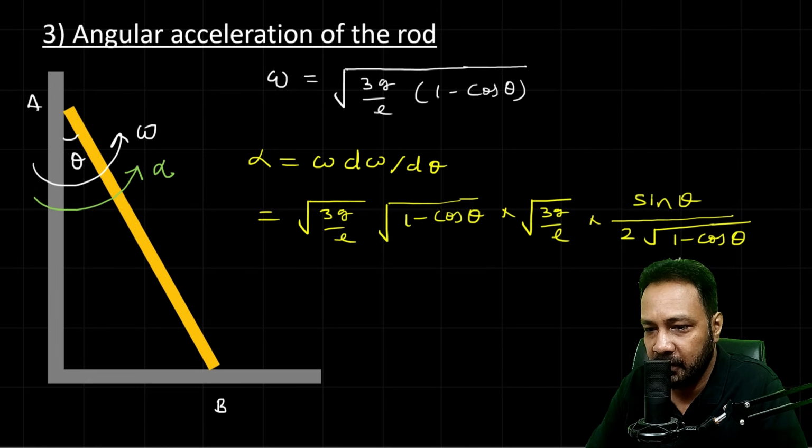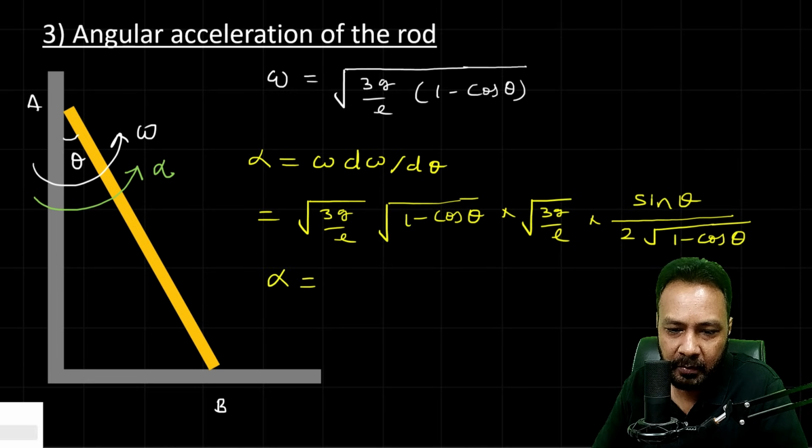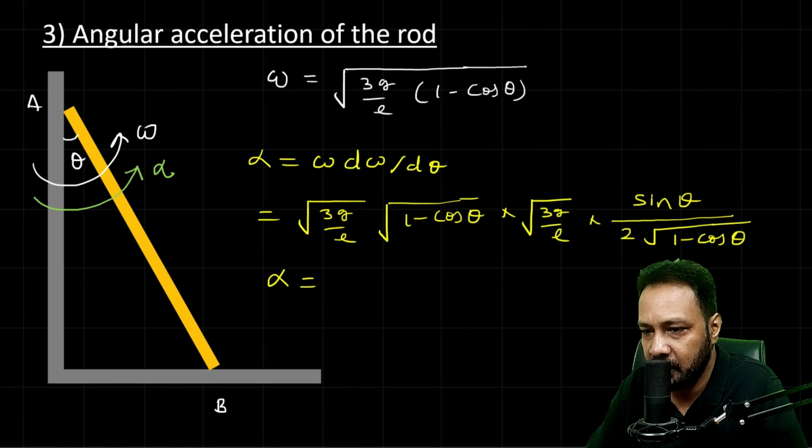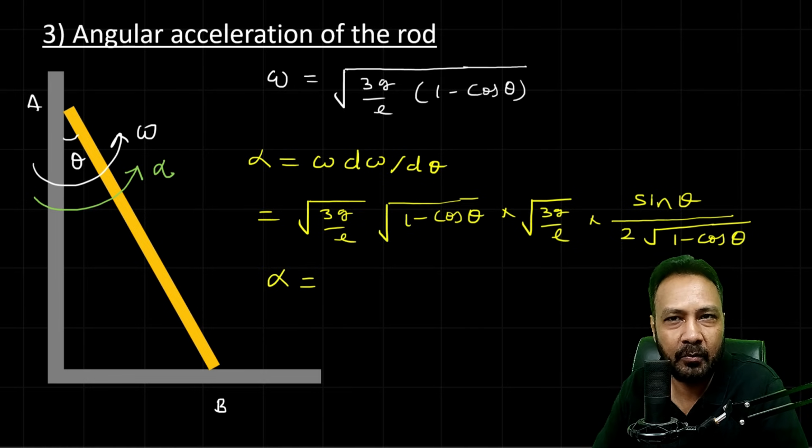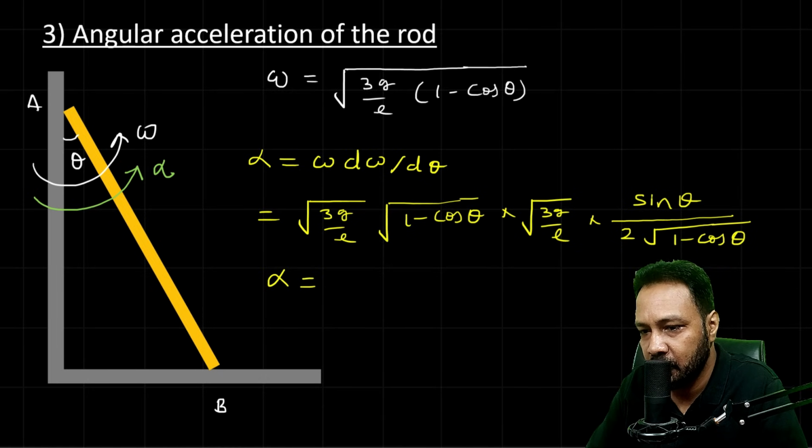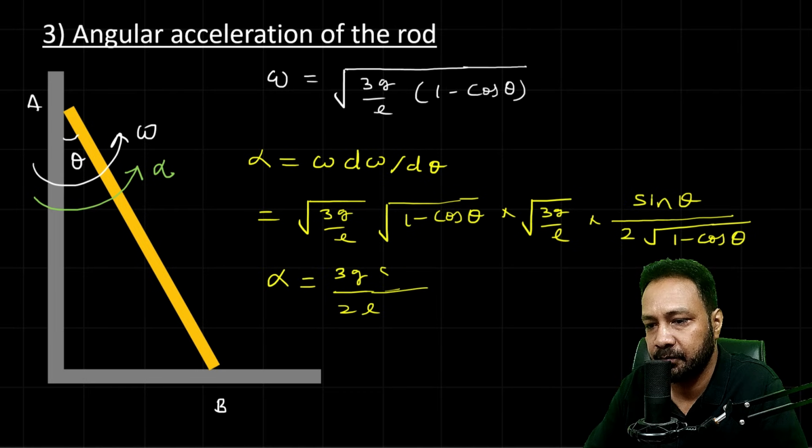A lot of things will be cancelled. So alpha would be 3g by L, and by 2, so this is 3g by 2L into sin theta.